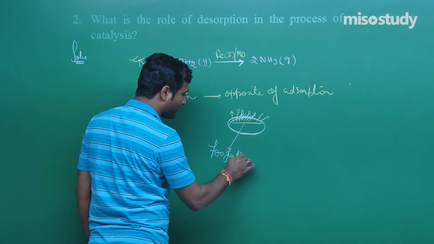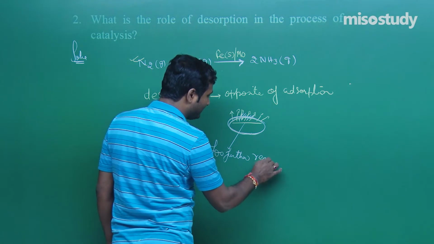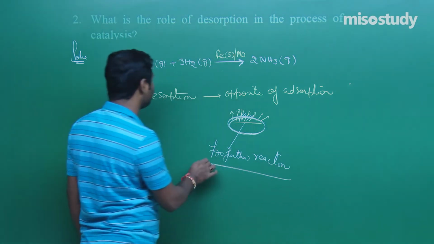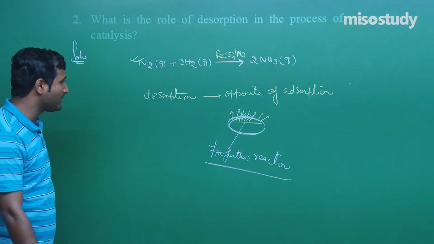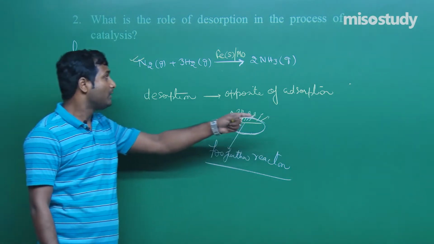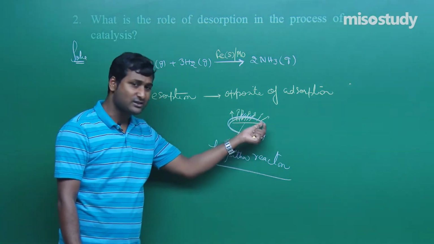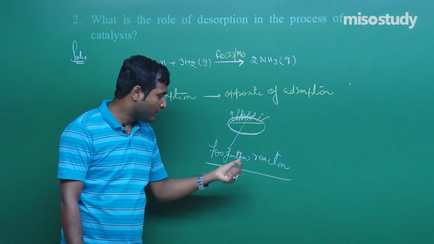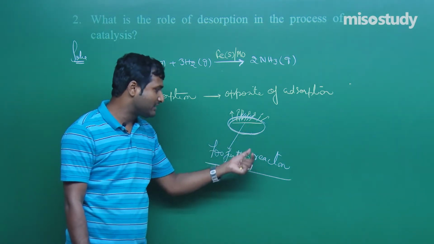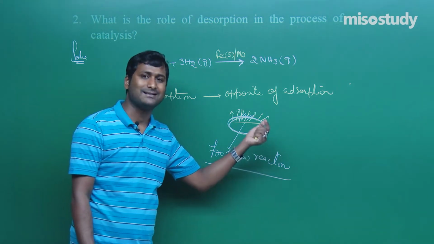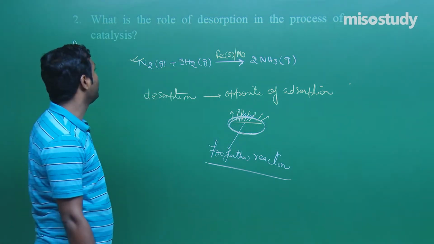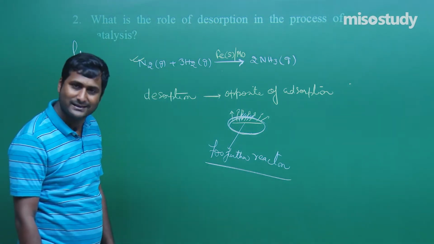Again I am repeating, desorption is opposite to adsorption. Desorption will create a fresh surface of catalyst, which will let the reaction proceed further. That is the role of desorption in the process of catalysis. Clear, my friend?